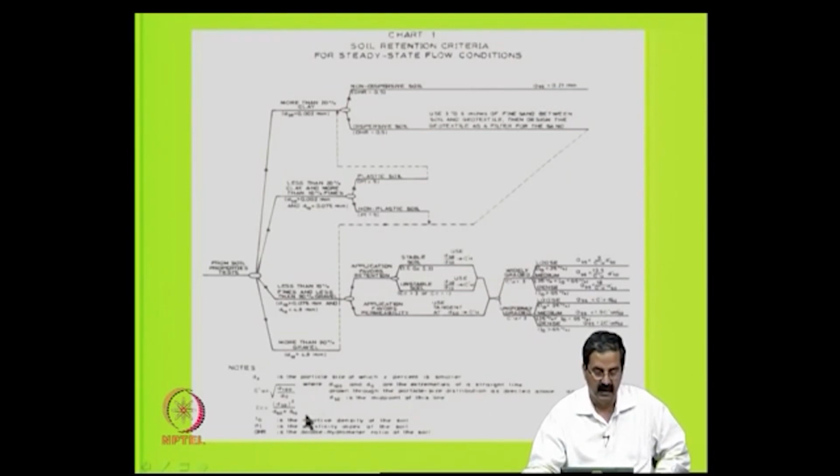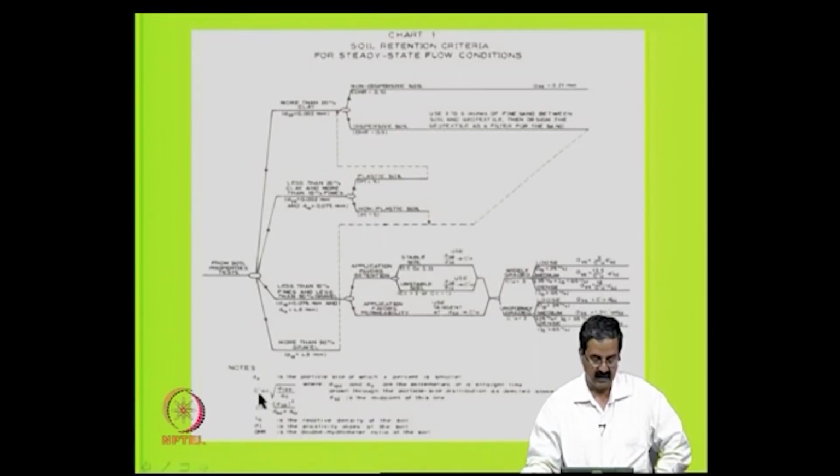The other thing I was just mentioning is the coefficient of uniformity, Cu, which is the square root of d100 by d0, and then Cc we know the definition, d30 whole square by d16 to d10. All these terms are important in using the soil suspension criteria, because you want a very thin pore size so that the soil is retained, not the water.